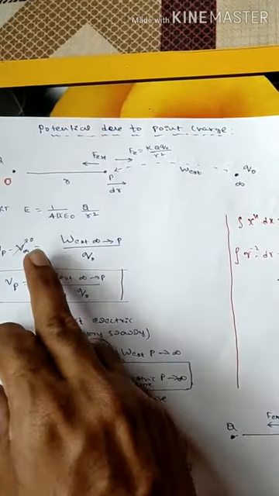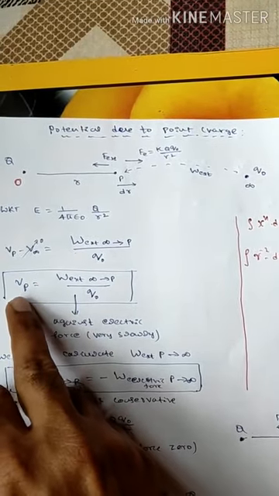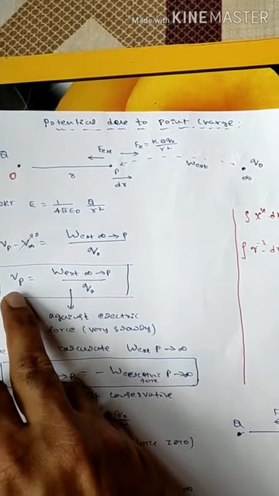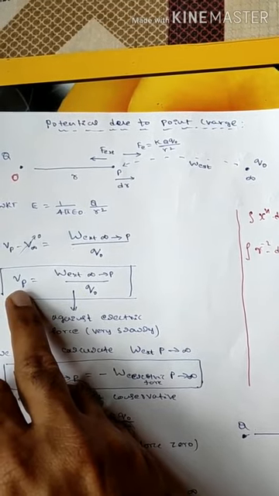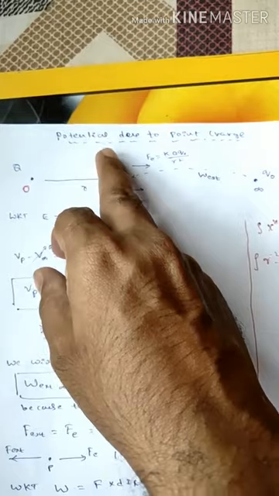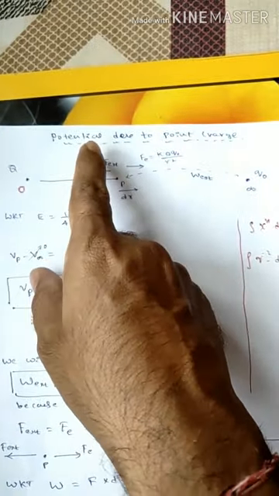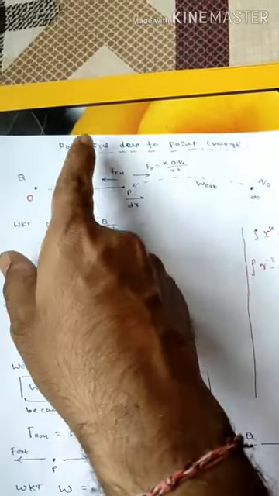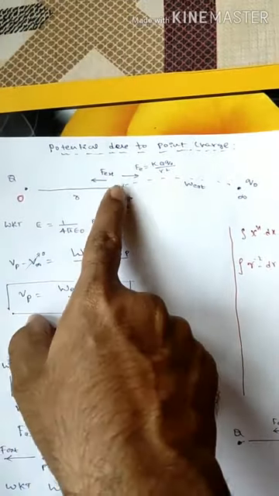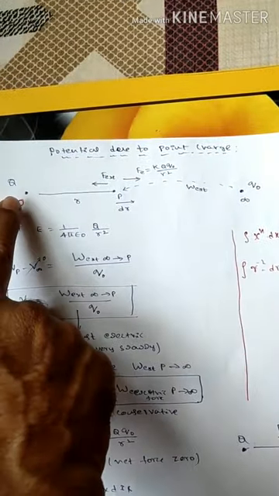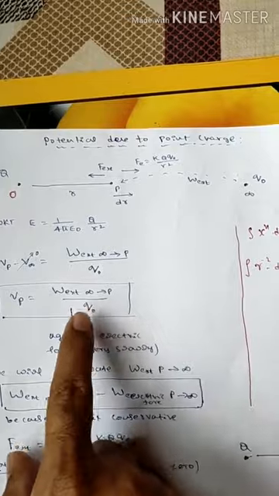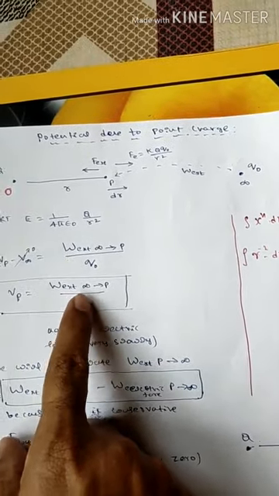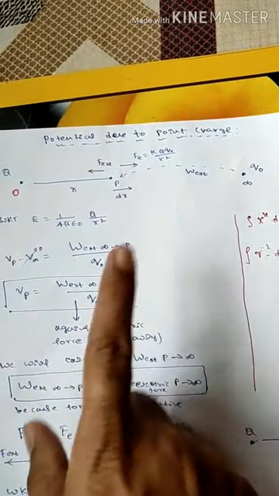Then V infinity is 0, then we get potential at P point, clear? It is not potential difference, it is a potential at P point. What is the heading? Potential, not potential difference. Potential due to point charge. Here it is a potential at which point? P point, due to which charge? Point charge, clear? Work done by the external agent, the same thing we can write, okay?